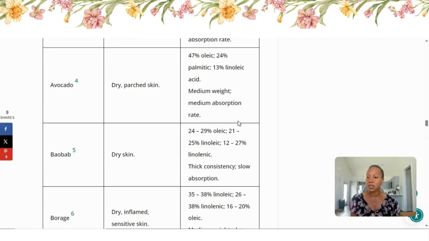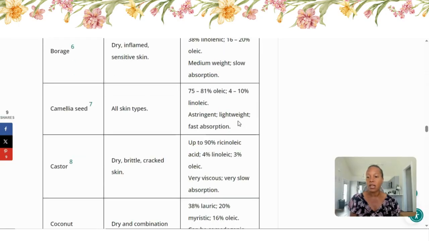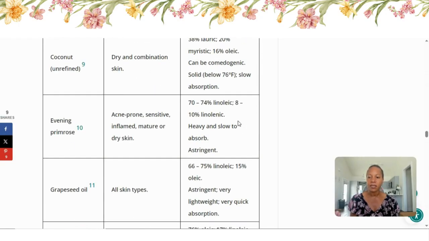Argan oil, another option. I want to call out a few other oils on this list. Even primrose is one oil that can be quite helpful. I personally did not enjoy it because of the scent. I didn't find the scent to be very pleasant. I also thought it was on the heavier side and slower to absorb. But there are definitely a lot of people who benefit significantly from it.